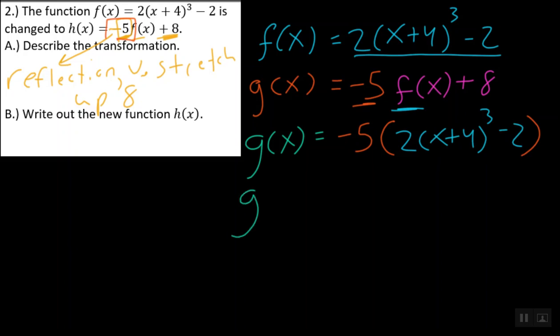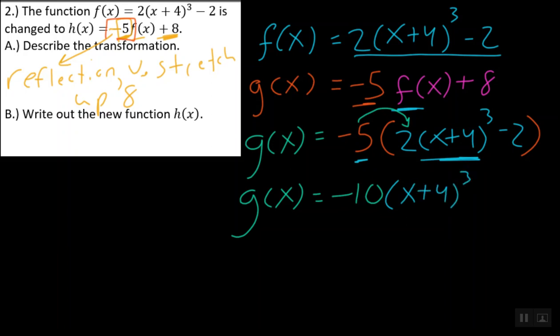Okay, so this implies that I'll do g of x is equal to -5 times 2, which is -10. And I know that the inside of my function is unaffected by the a value, so I write parentheses x plus 4 cubed. Now notice I didn't leave any space here because this plus 8 is on the outside of the function, not the inside of the function.